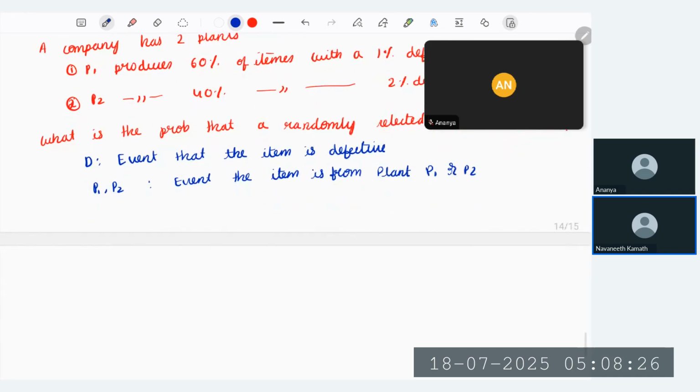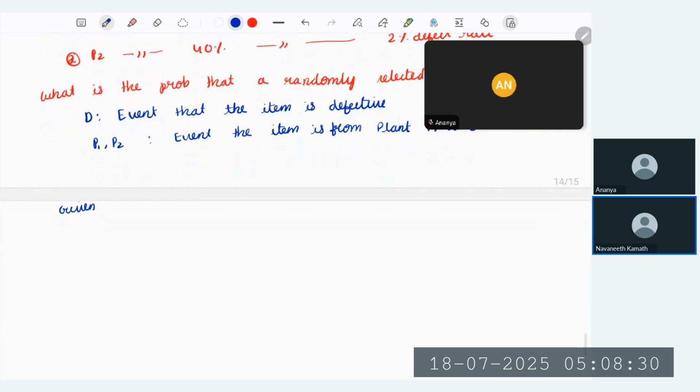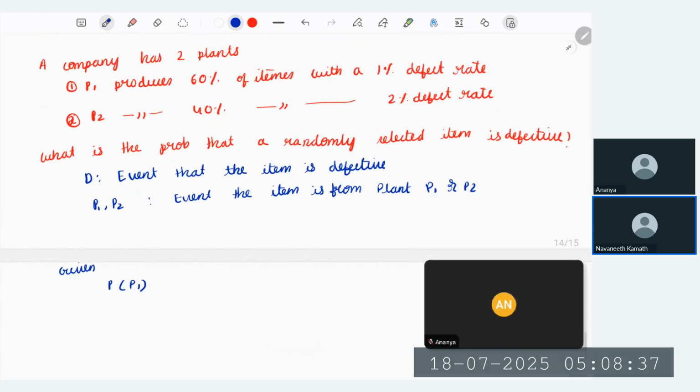If I choose any random item, what is the probability of it being from plant 1? 60%, that is 0.6. If I choose any item, what is the probability of it being from plant P2? 0.4.